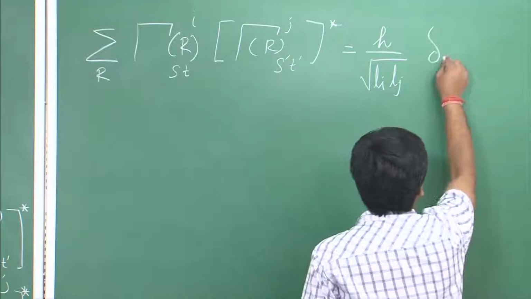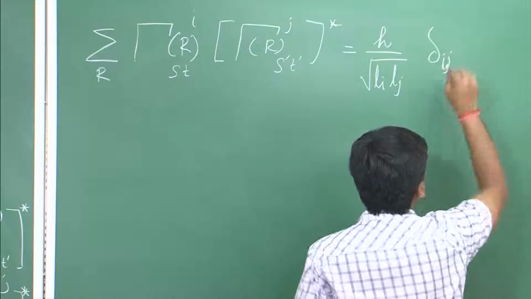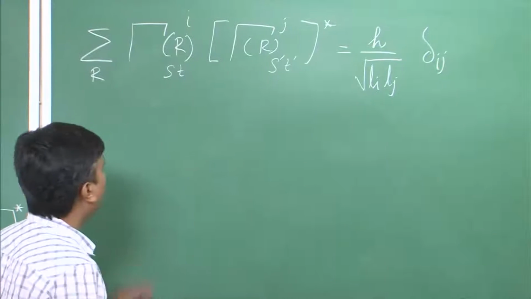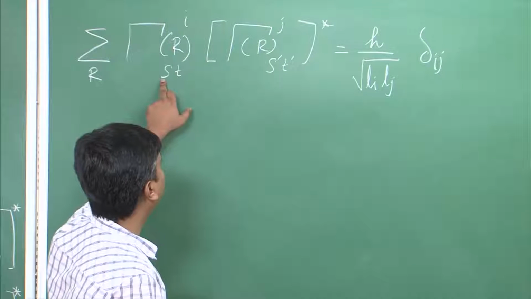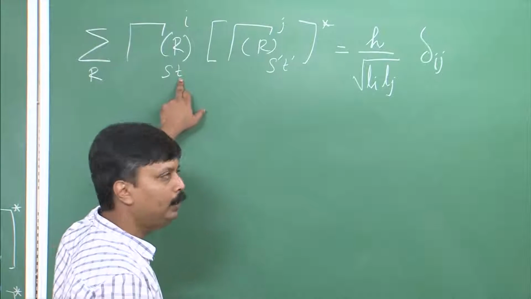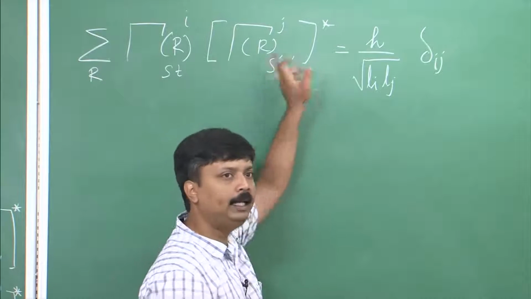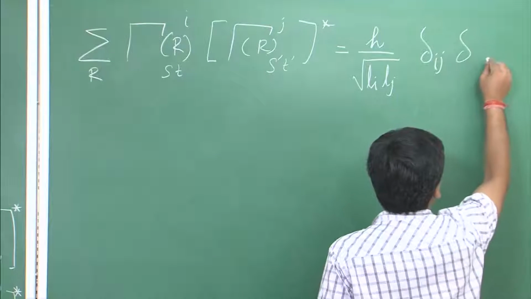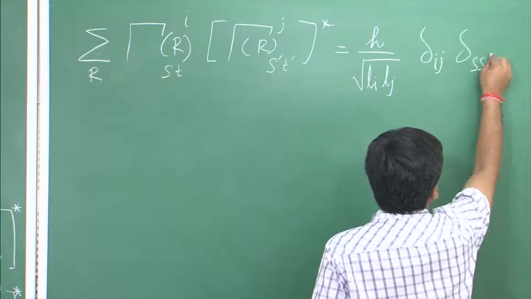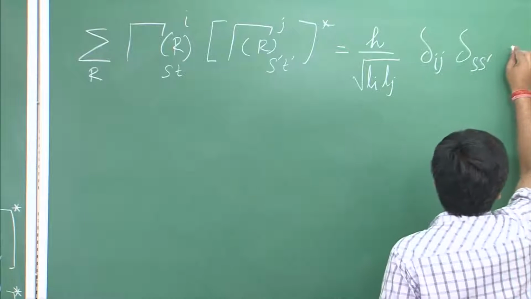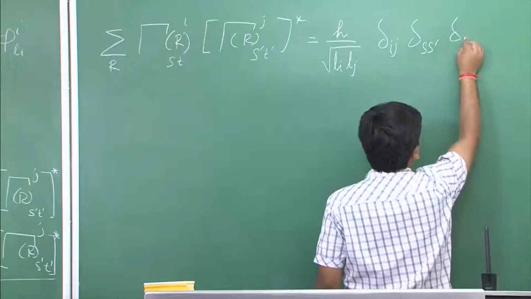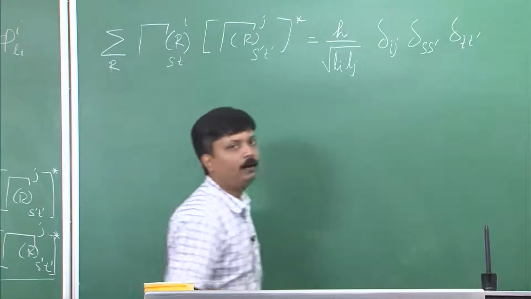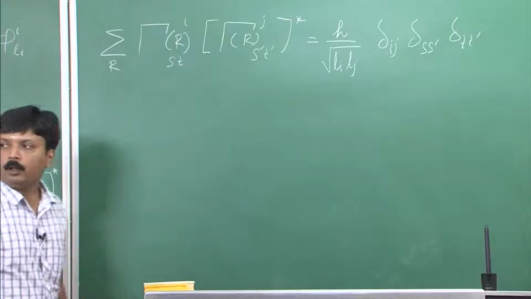For two different irreducible representations, I will have delta ij, and then I have elements st for the ith and s prime t prime for the jth irreducible representation. Therefore, I will have two more delta functions. One will be delta s s prime and the other one will be delta t t prime. All right.